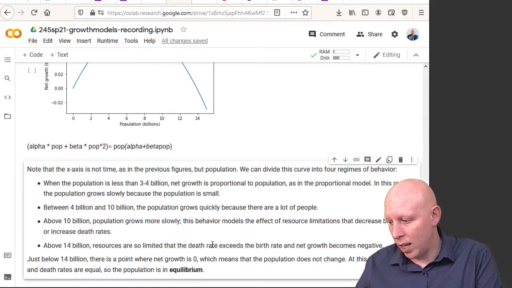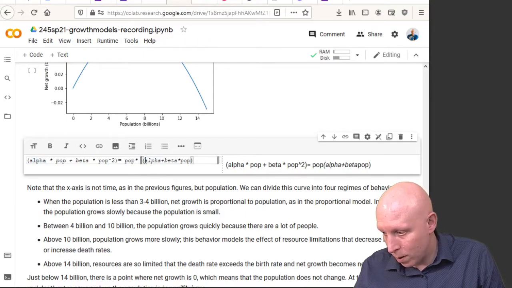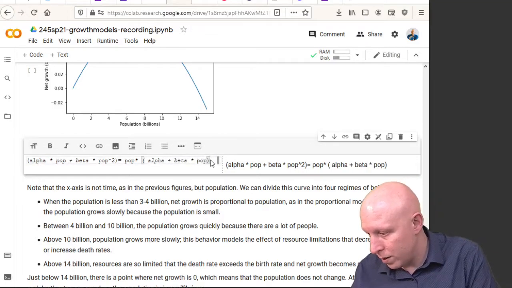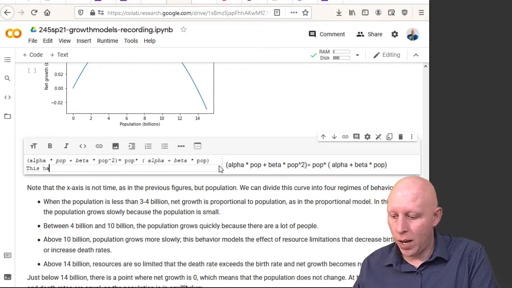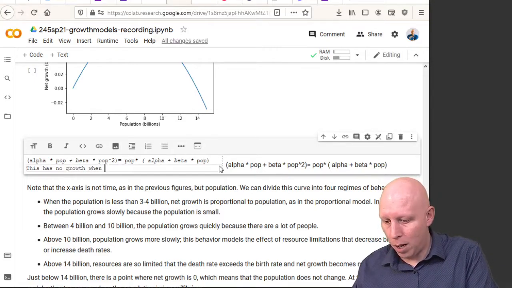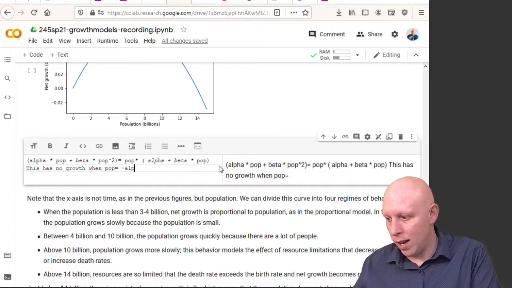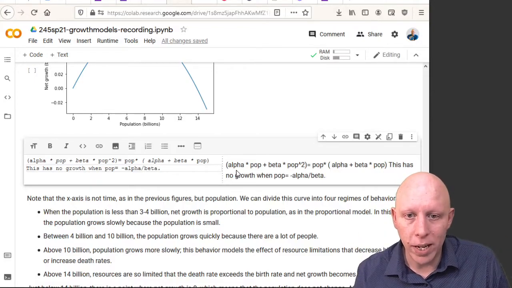So this is saying that this has no growth when population is equal to negative alpha over beta, by solving alpha plus beta times population equals 0.